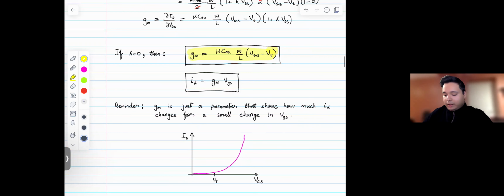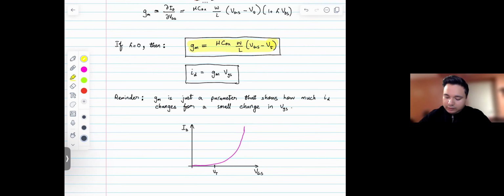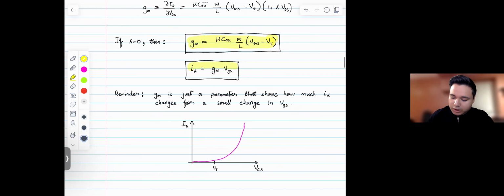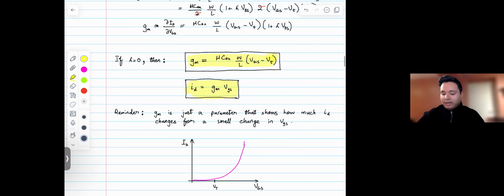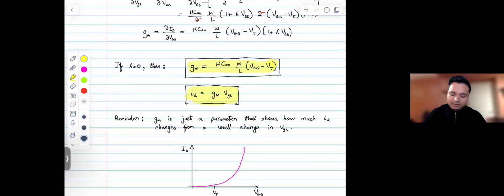Essentially, the small signal drain current is equal to the GM multiplied by the small signal change in VGS. That's what I wrote in this expression here. So these two are important expressions, and you should know them all the time. Well, actually, you don't even have to memorize the GM equation.